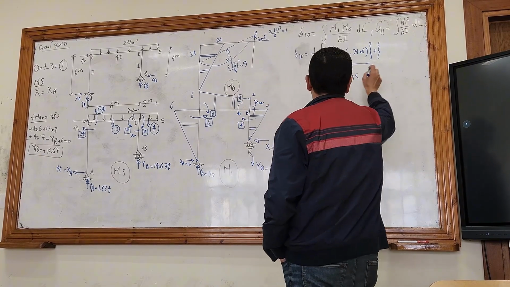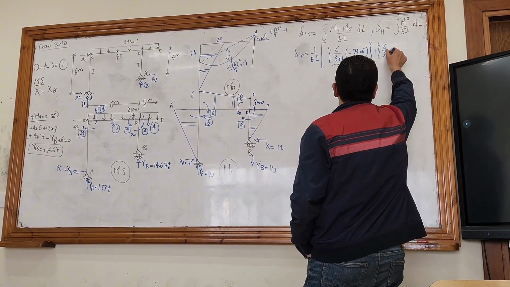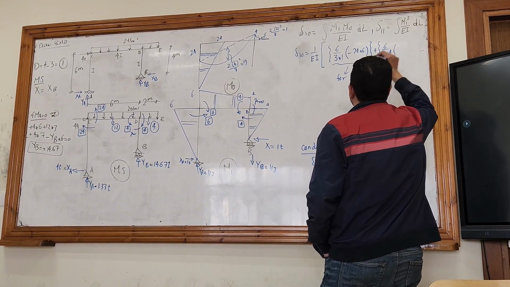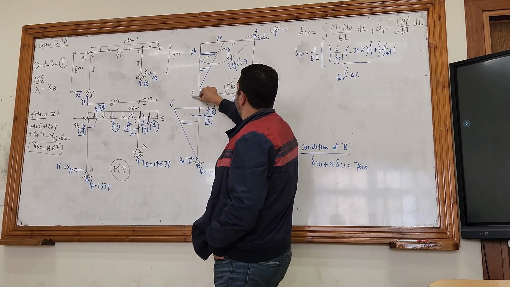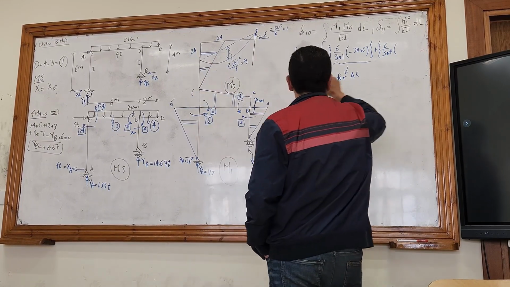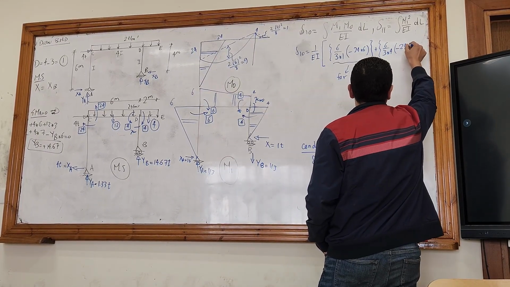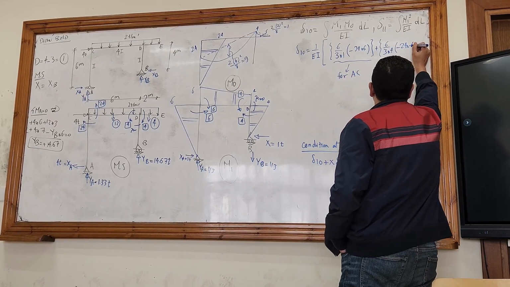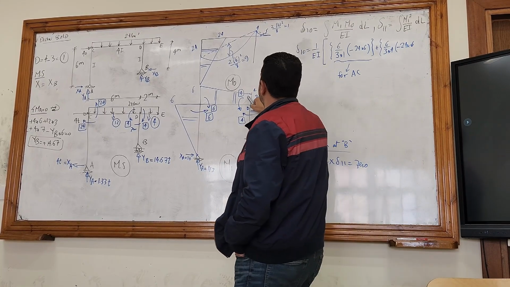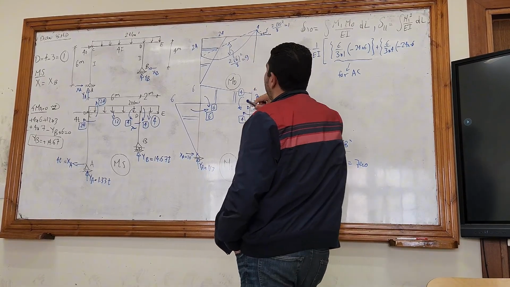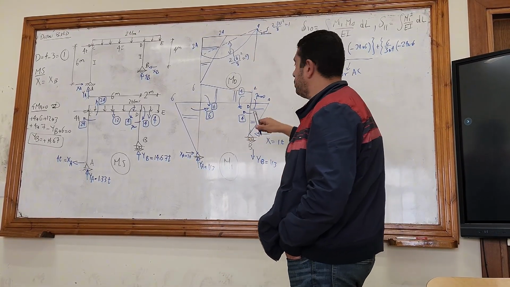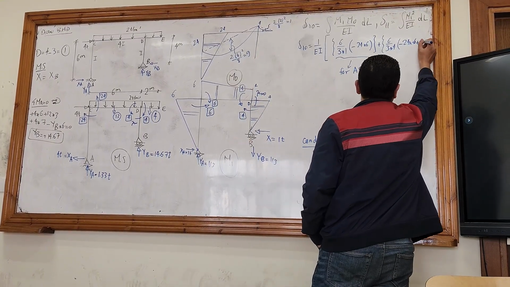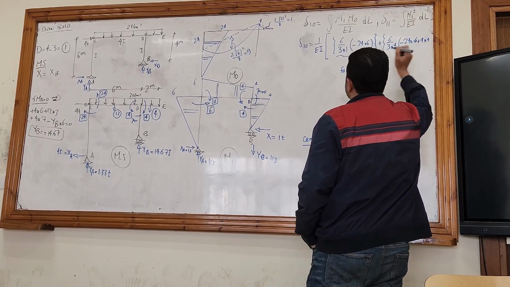L, 6, divided by 3 times the I factor, which is 4. The first value multiplied by the first value, so 24 multiplied by 6, negative, opposite direction. And then the second value multiplied by the second value, which is positive because they are in the same direction, so plus 4 times 4.